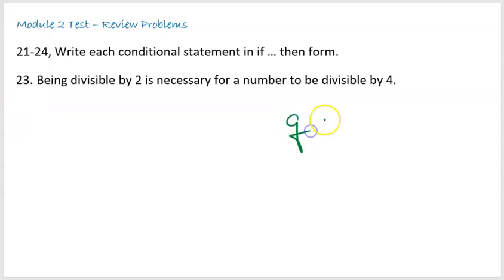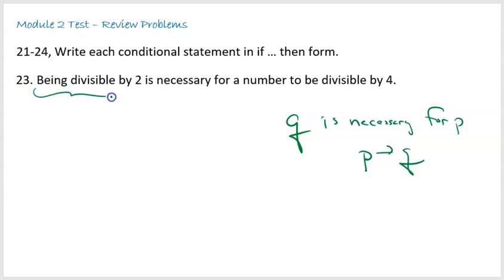So Q is necessary for P. Now that's writing an if P then Q statement. So it says being divisible by 2. That's got to be our Q statement. Is necessary for a number to be divisible by 4. That's my P statement. This is one of those backwards ones.